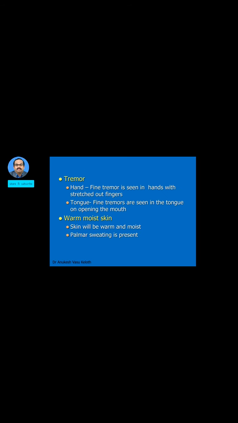Now next is tremor. You can have tremors of the hand. You have to outstretch your hand with the fingers fanned out and you can see the fine tremors of the fingers. Similarly, on looking at the tongue while opening the mouth, you can see the tremors. Then the palms and the skin in general would be warm and moist. There would be palmar sweating.